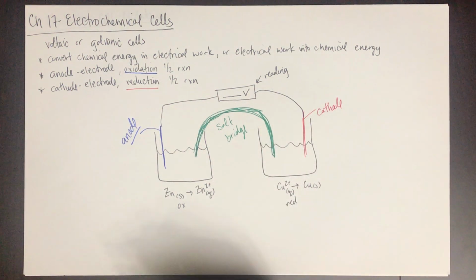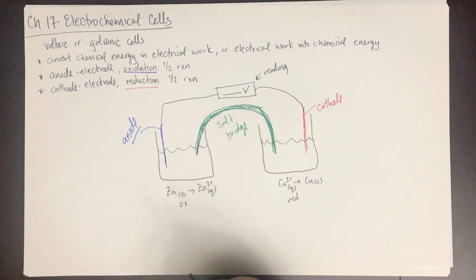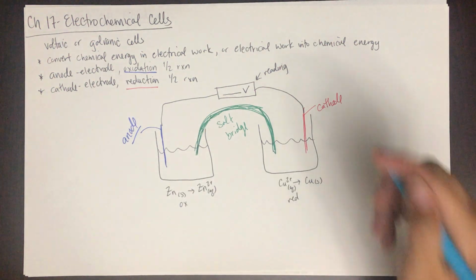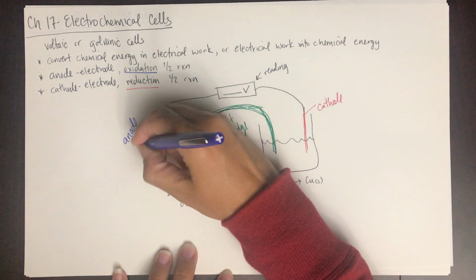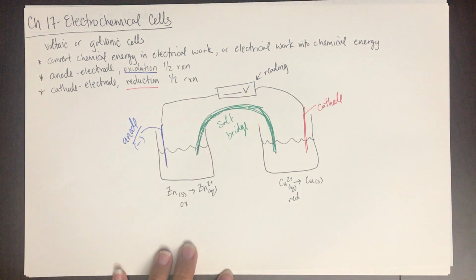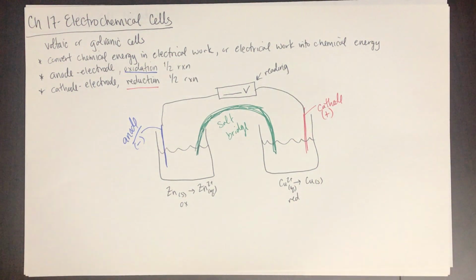It's separated by a salt bridge, which just allows the current to pass through. But the electrons flow through the wire. Remember, electrons are negatively charged. The anode is the negative terminal and the cathode is the positive terminal, like we were talking about with batteries.